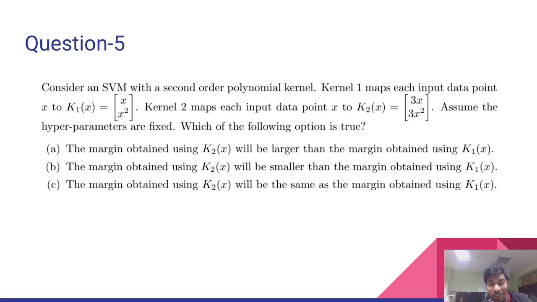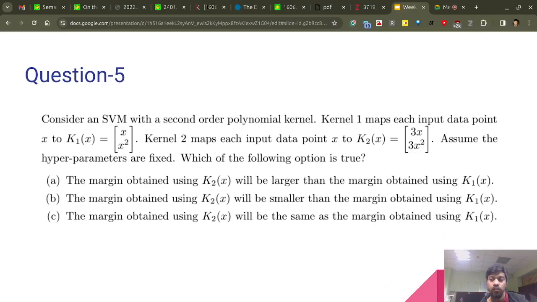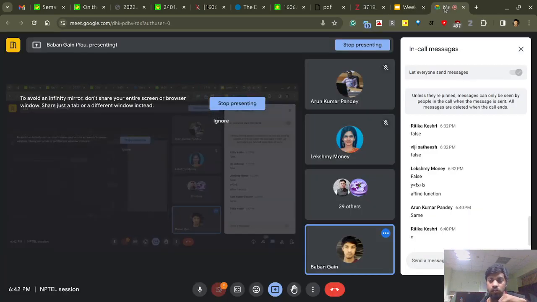So the answer is not C. Okay, I'll discuss the answer. Maybe think again. No, it is not C.